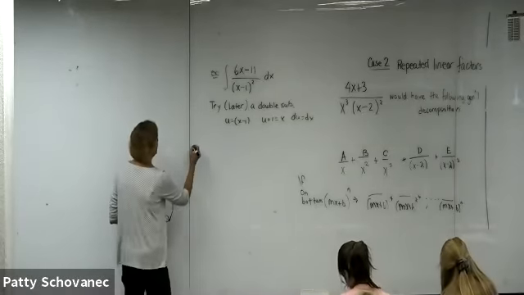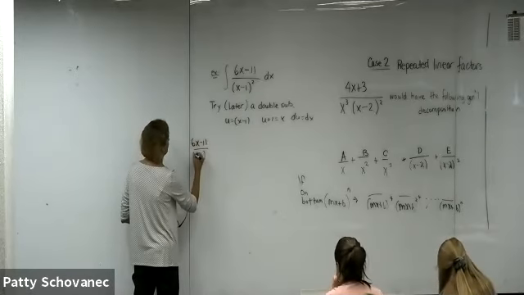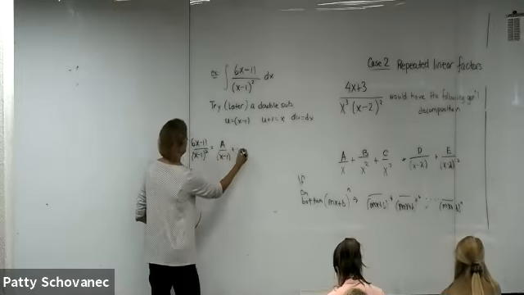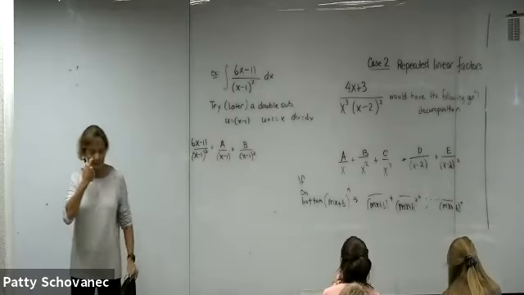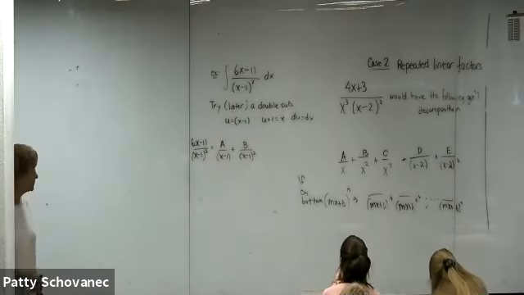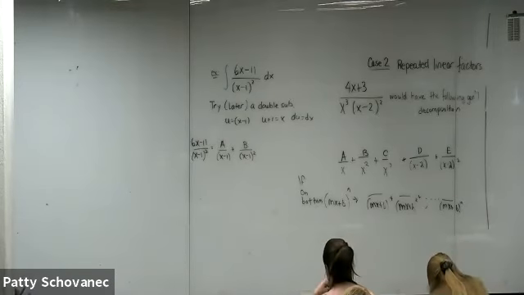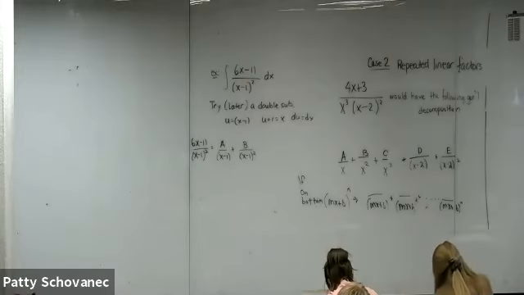Let's try breaking up this fraction as a something over x minus 1 plus another something over x minus 1 squared. Then my next step would be to write 6x minus 11 is equal to, and then get rid of those denominators by multiplying both sides by x minus 1 squared.